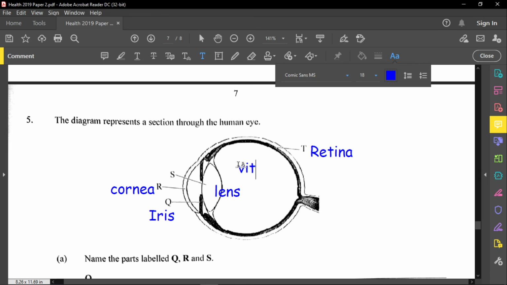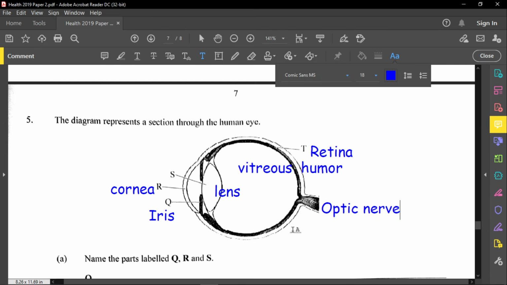And so this vitreous humor, let's go back there. Yes. All right. The vitreous humor is the name right here. All right, great. And then this structure right here is called the optic nerve.